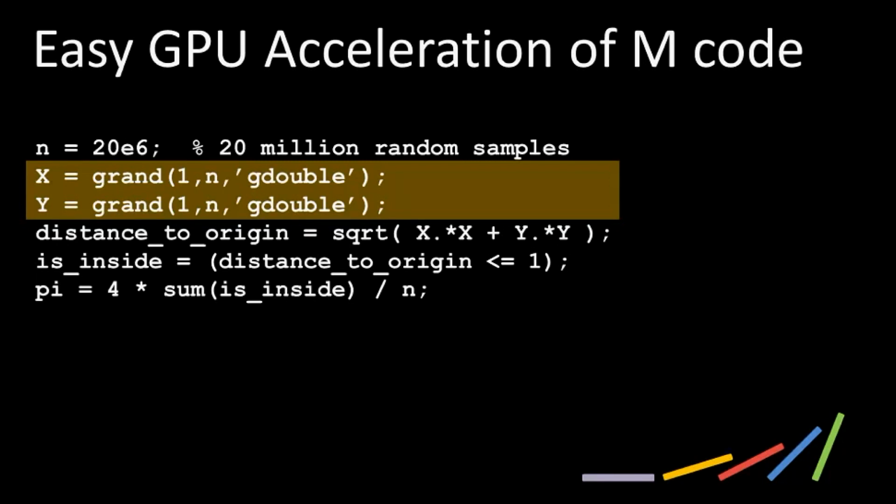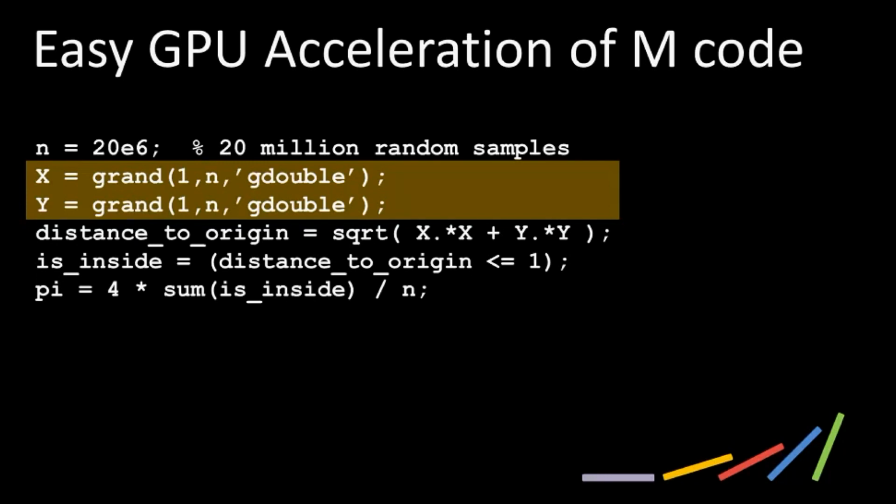When you install Jacket, you get access to G-doubles, G-singles, essentially GPU versions of the CPU data types, and those GPU objects are then overloaded on any subsequent operations. In these 6 lines of code, it's a very simple algorithm that estimates pi algorithmically, and in the 2 highlighted lines, that's where the data creation is occurring.